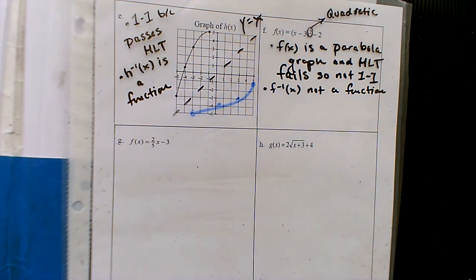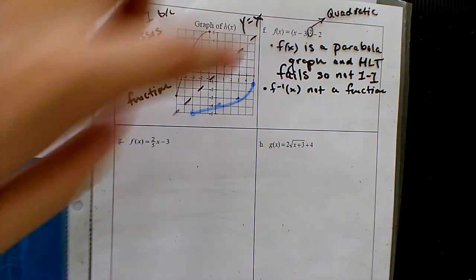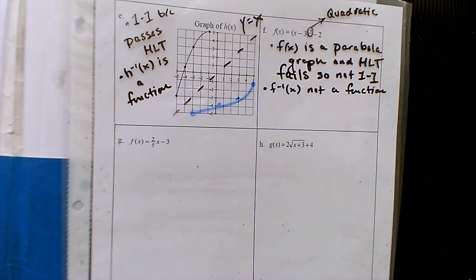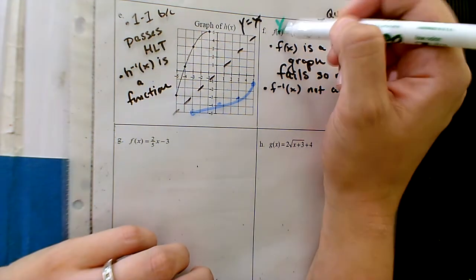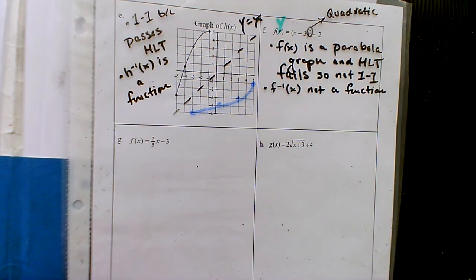Now, just because the inverse is not a function doesn't mean we can't figure out what the inverse would be or what it would look like. So we're going to actually figure out what the inverse equation would be. We figured out inverse graphs, inverse tables, now we can do inverse equations. Just like everything else, we're going to switch the x and y variables. Now, f of x and y mean the same thing.